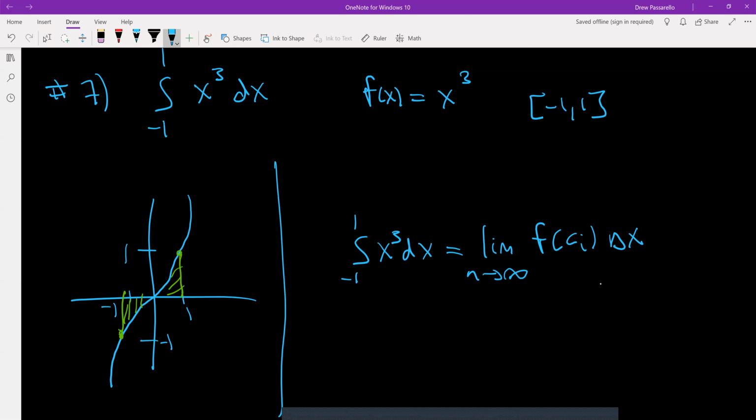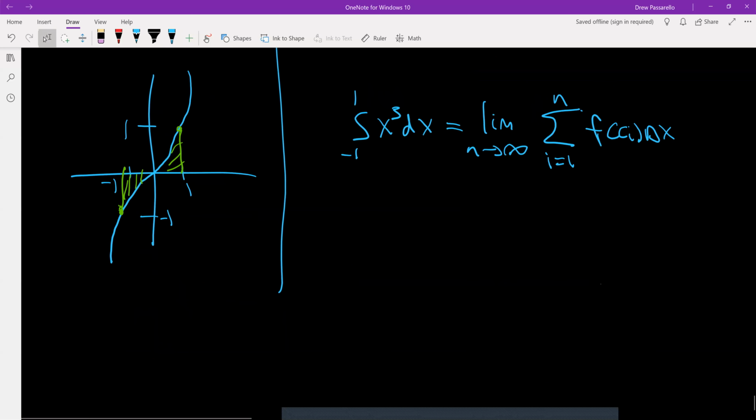And again, I forgot to write the summation sign. Again, I'm going to find this first, and then apply the limit at the end.